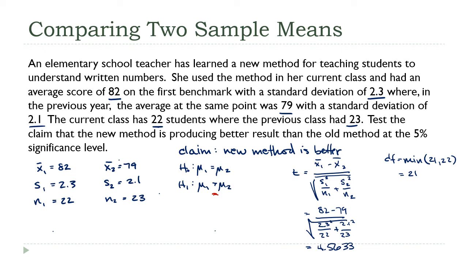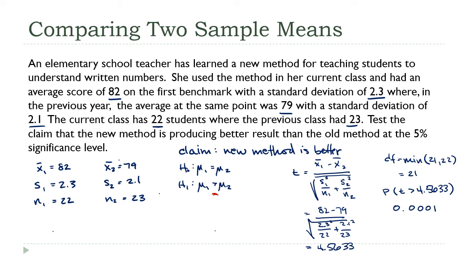So I'm going to want the probability that t is greater than 4.5633. That's my test statistic. And this is a really small number, 0.0001. That's where we end up.